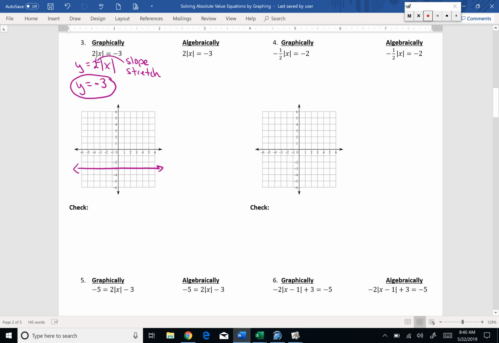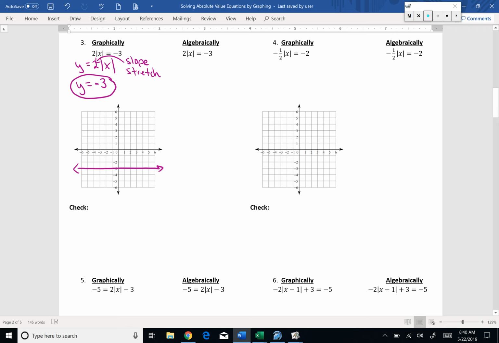I know for some of you like, Miss Golly, I get that we should pick out if it's a reflection or not. I get we need the slope, but what's the point of telling if it stretches or shrinks? The stretch part tells me my V shape is going to be more narrow. It's going to be skinnier. It's not going to be a wider graph. So if I get that flatter, wider graph, I know I made a mistake graphing it. And that's really important for us to know, because all we're using to graph are shortcuts.